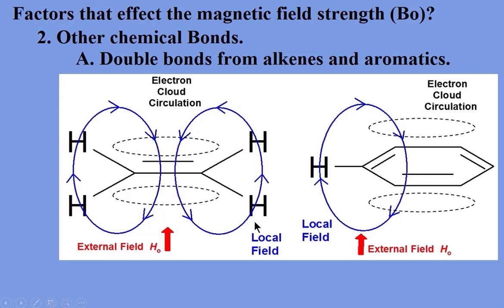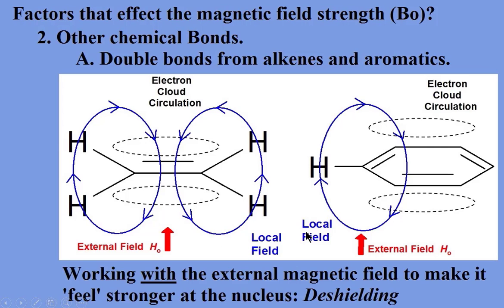So the external magnetic field is strengthened by these localized fields, and the hydrogen nucleus feels a magnetic field which is stronger than just the external magnetic field alone. The external and the localized fields combining. And this is what we sometimes refer to as de-shielding.